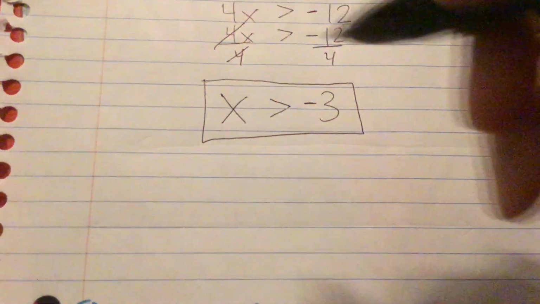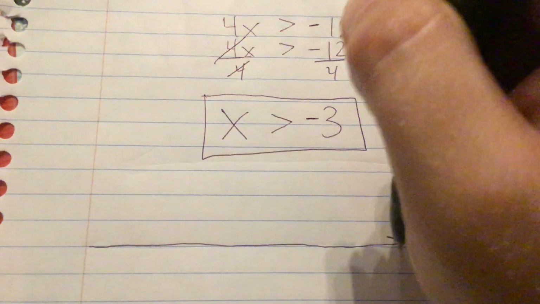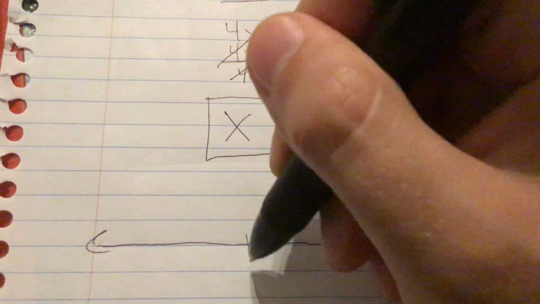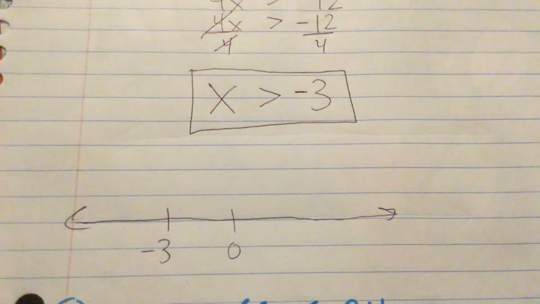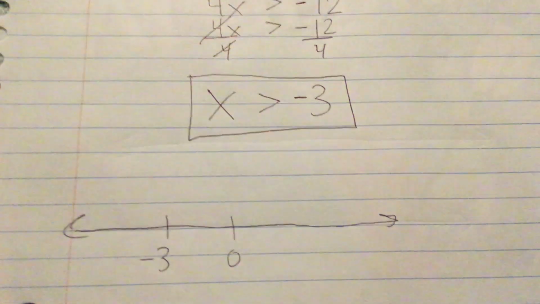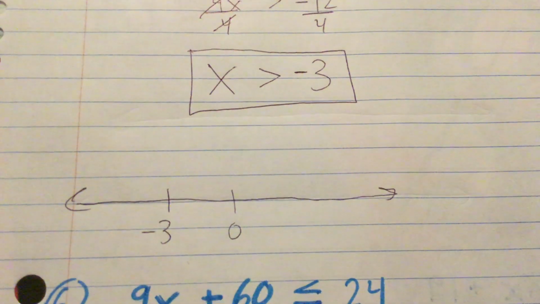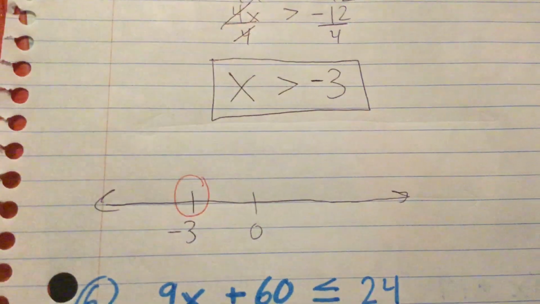So then, I make my number line. I'm going to put 0 in the middle. Negative 3 is on the left. And where do I shade if legally x is allowed to be any real number greater than negative 3? I'm going to circle my endpoint and shade to the right.